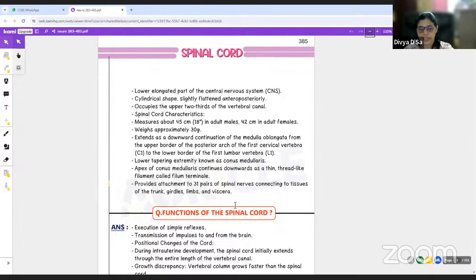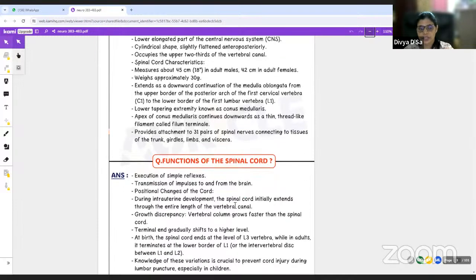The lower tapering extremity we call the conus medullaris. The apex of the conus medullaris continues downward as a thin thread-like filament called the filum terminale. It provides attachment to 31 pairs of spinal nerves connecting to tissues of the trunk, girdles, limbs, and the viscera.